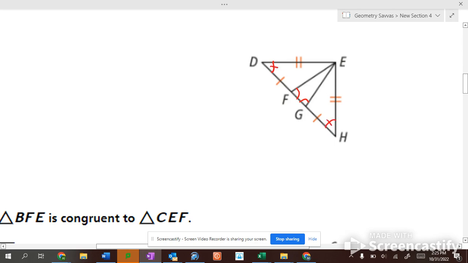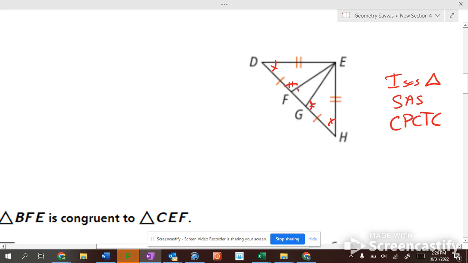So then all of a sudden, what do I have to make the two outside triangles congruent? To make this triangle congruent to this triangle, I have side angle side. So I start with the isosceles triangle theorem, then I have side angle side. Then, because of side angle side, I can say this angle is congruent to this angle by CPCTC.